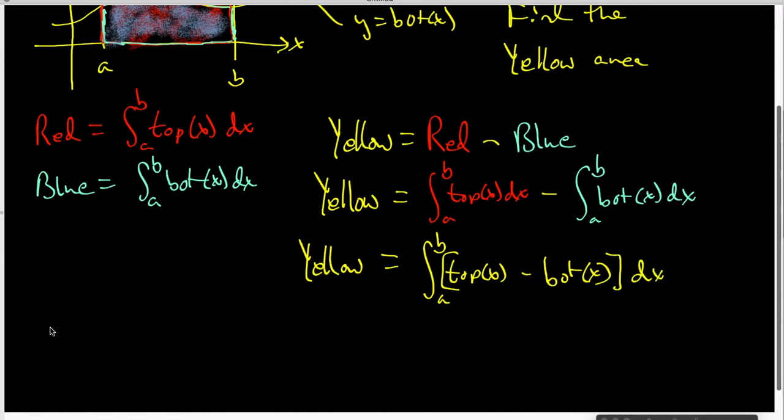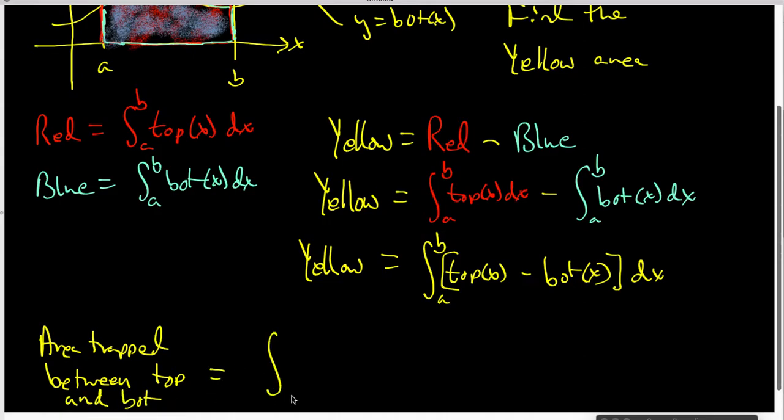And so we have this basic formula that says that the area trapped between top and bottom is going to be the integral between a and b of top minus bottom. And that is a formula that you should have in your notes. So stop the video and get that written in your notes if you don't already have it.